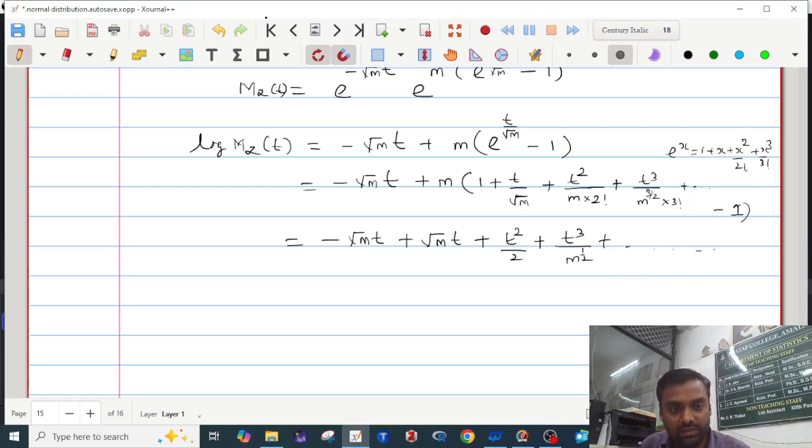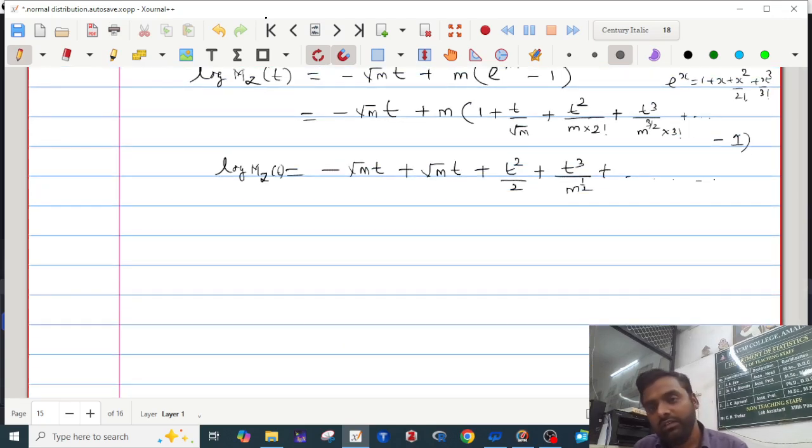So this is log of MZ of t. The next terms are where the denominator powers of m are larger than 1.